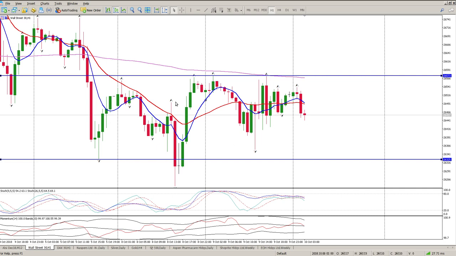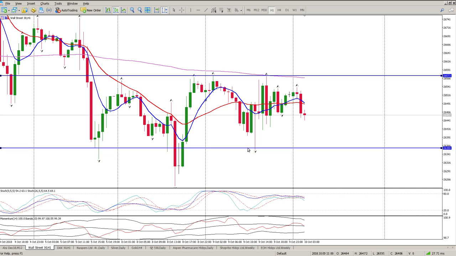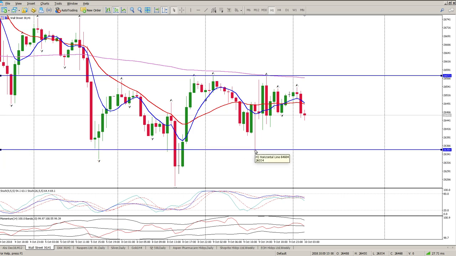Okay, or sorry, consolidation range. And what we're basically looking for is price to stay above kind of that pin bar there. So we're looking for price to stay above 26,354 or 26,350 to be safe. As long as price stays above that, we have a potential for a move to the upside.